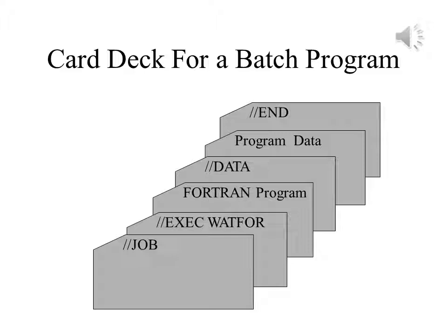The second card instructs the computer to execute the WATFOR Fortran compiler, and that the cards that follow until the next control card are part of a Fortran program that will be running. The card marked // data indicates that the subsequent cards contain data for the Fortran program until the next control card. That control card is // end, indicating the end of the job.